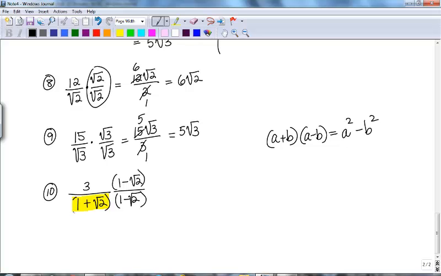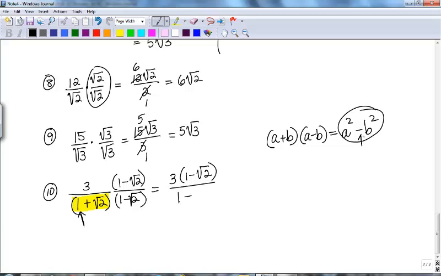On the top, you can leave it or you can multiply it out. If you multiply it out, you take that 3 times both of them. Or you can just leave it in factored form. Now the shortcut is square. I could FOIL that out, or I can just use the shortcut. Square the first one: 1 squared would be 1.